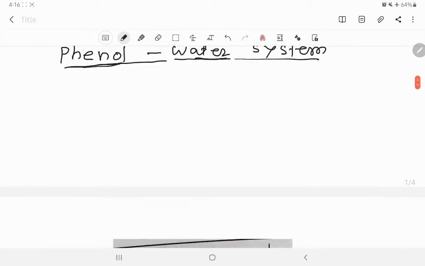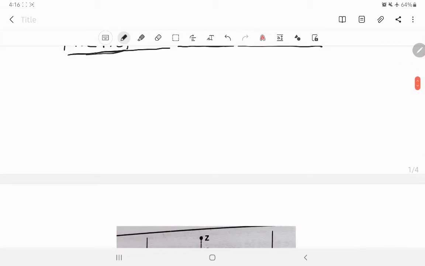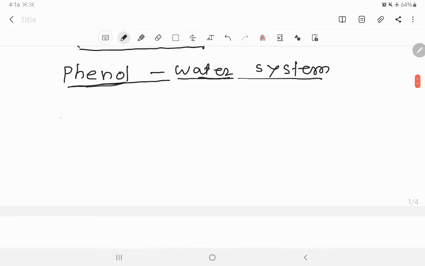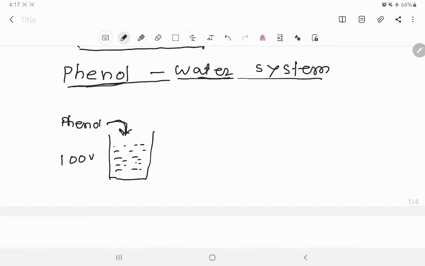Meaning, if a small amount of phenol is added in a large amount of water, suppose we add 1-2 drops of phenol in 100 ml of water, it is completely miscible. But on adding more and more phenol, two layers will be separated.